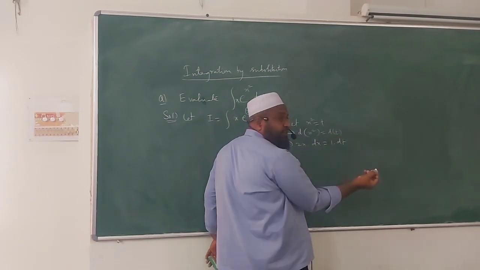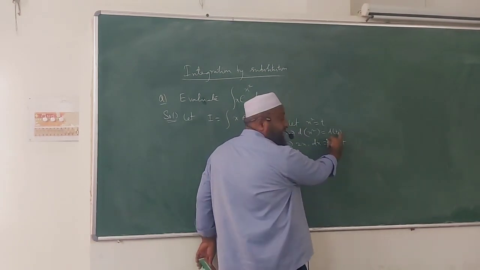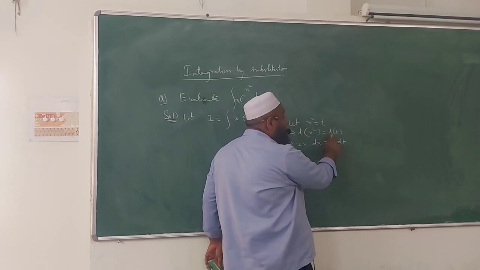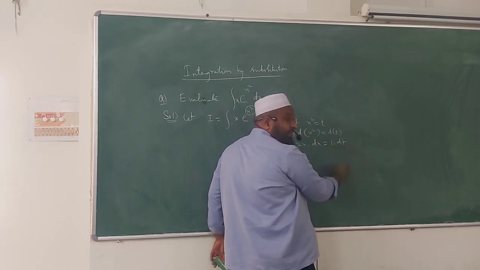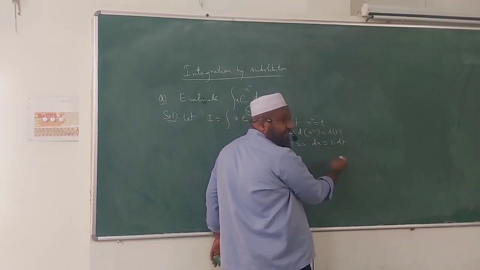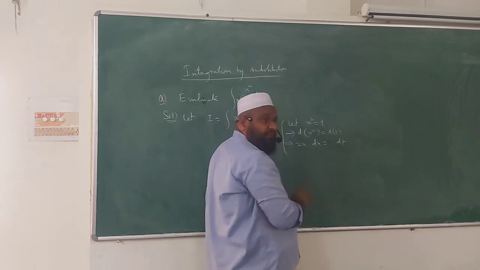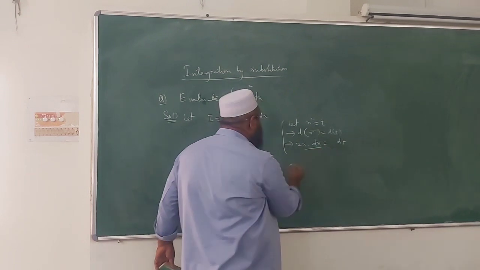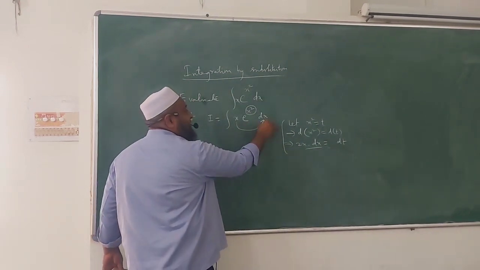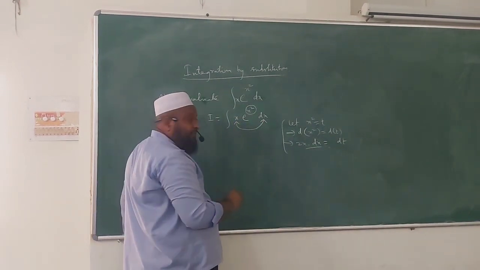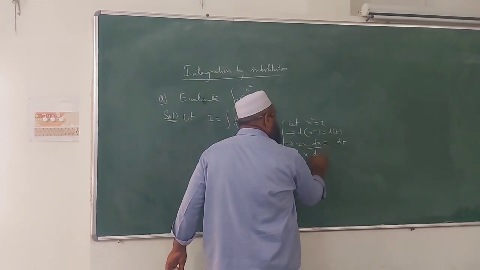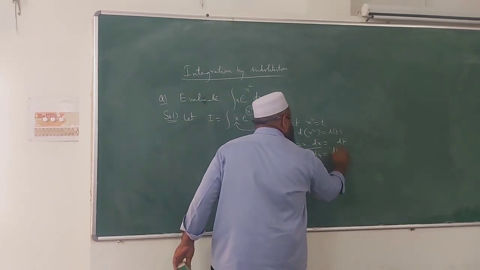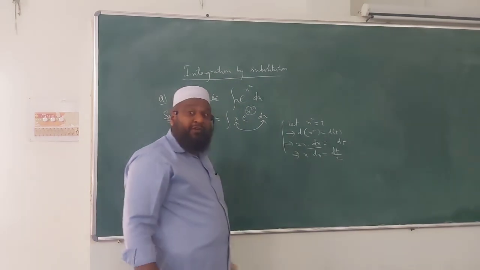But no need to write that 1 dt, we can simply say it is dt. Okay, good. What is x dx? This part is available with us, x dx. So this x dx will become dt by 2.